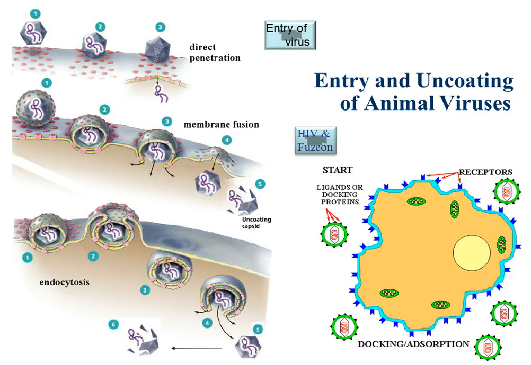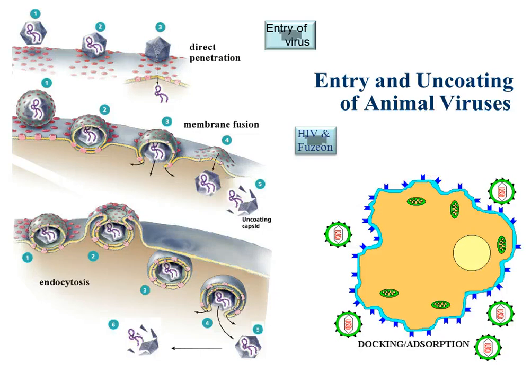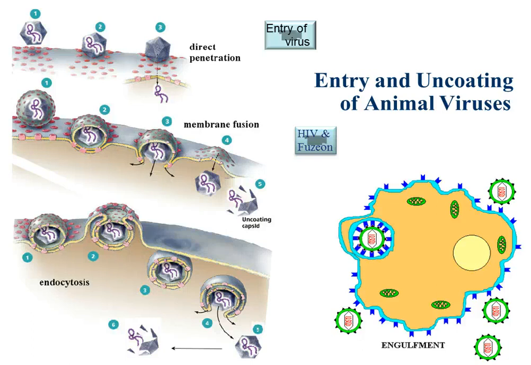Okay, so here is now entry and encoding. There are three mechanisms here. One is for the naked, non-envelope viruses. That's up at the top. You can see that it looks very much like the way bacteriophages got into host cells. The virus attaches to its host cell.